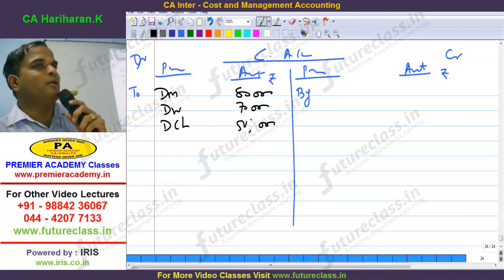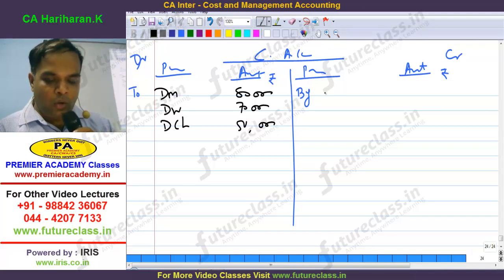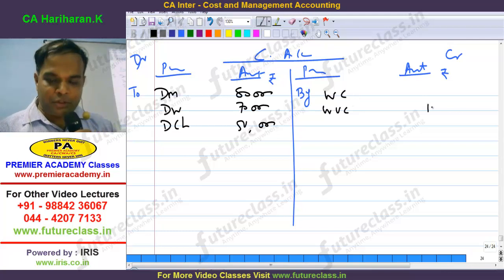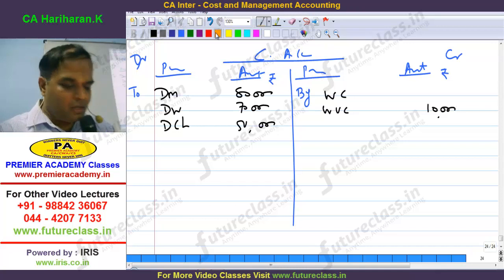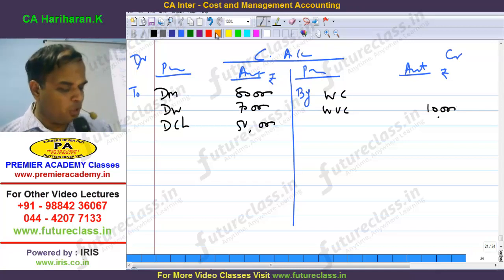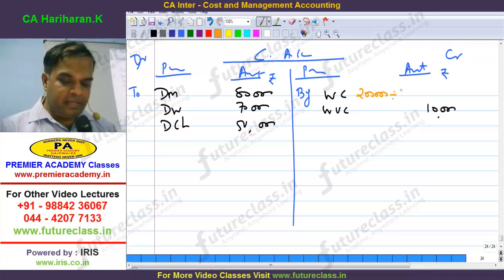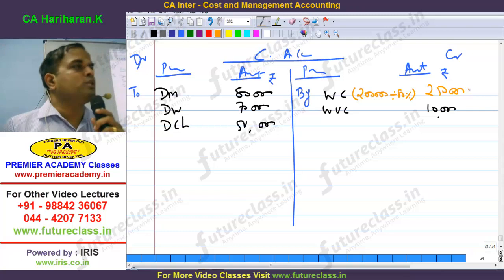On the credit side, unlike the P&L account, sales won't come because you are in a contract. Therefore, here work certified and work uncertified will come. Work uncertified given in this question is 10,000. Work certified is not given, but cash received is given. Cash received 2 lakhs being 80% of work certified.